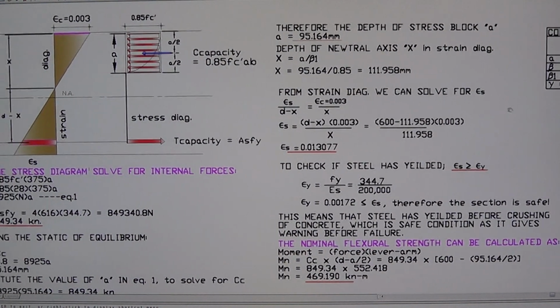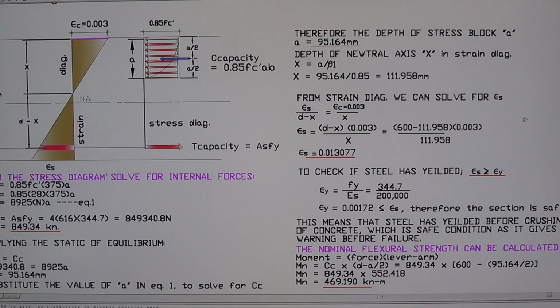Now from the strain diagram we can solve for the strain of the steel, the ES.